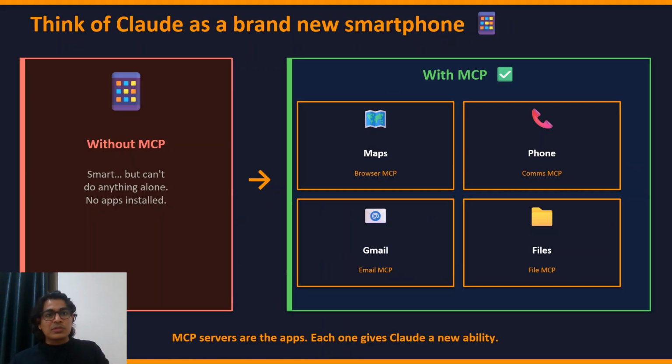If I install phone inside this, so I can call. If I install Gmail over here, so I can see the mails. If I install files, then also it would be useful, right? So what you can say over here is that Claude is a smartphone, but till you use MCP, you won't be able to do anything with this.